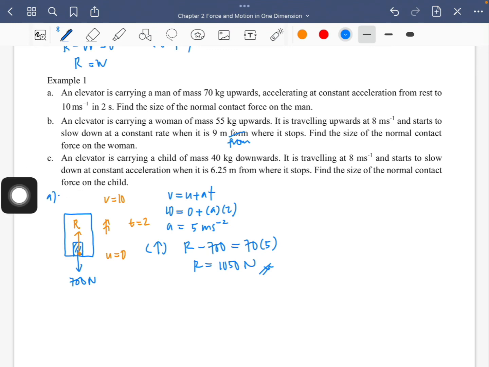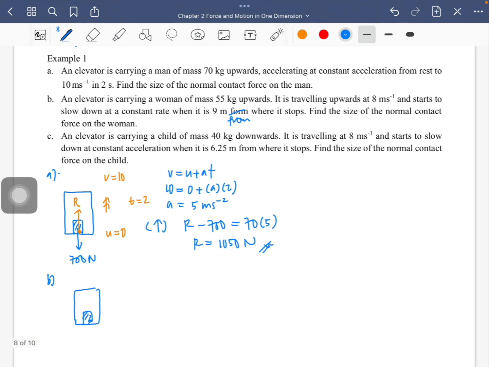Okay, so let's illustrate with a diagram here, for question B. We have a woman on the elevator again, shown with a small box. Given the mass is 55, the weight is 550 Newton, and there is a normal reaction force acting from the floor of the elevator on the woman, vertically up, denoted by R. The elevator is moving upward with a constant acceleration.